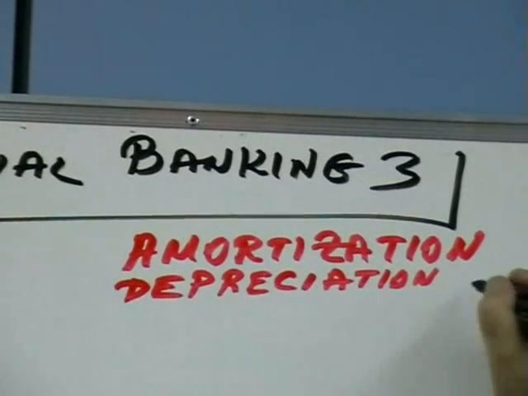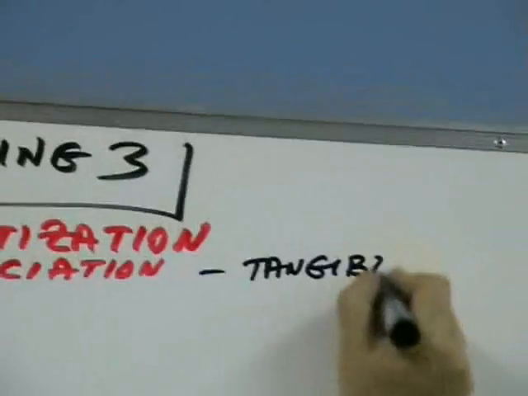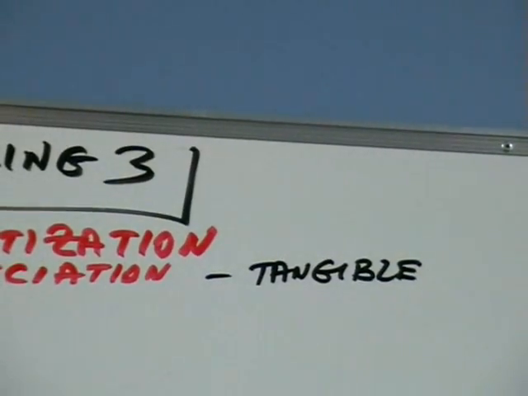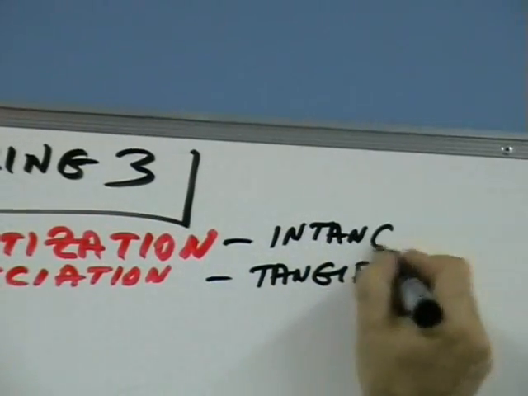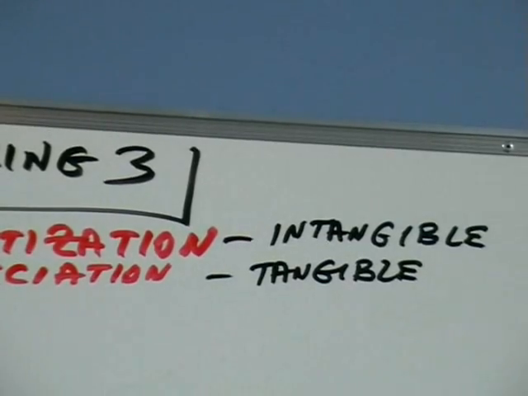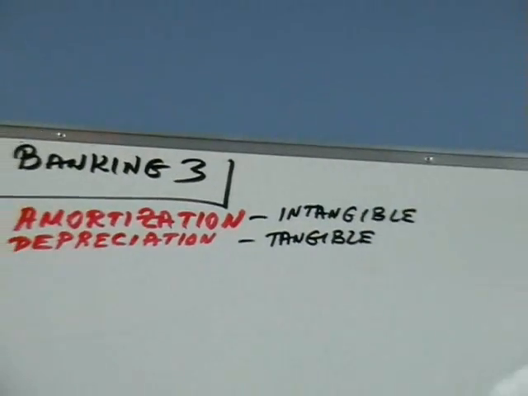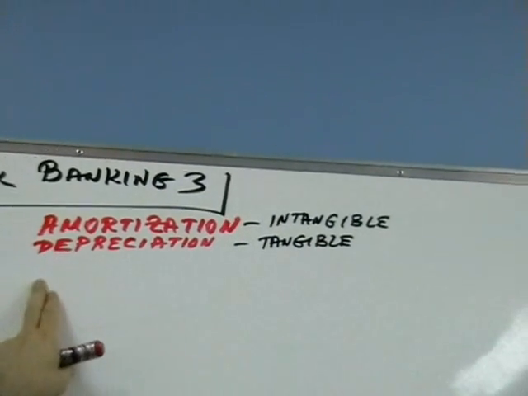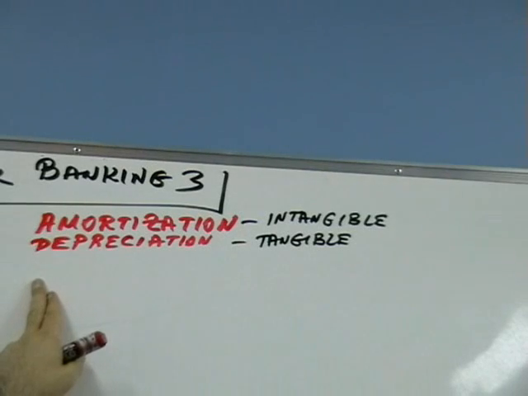Depreciation is applied to tangible assets or real assets, and amortization applies to intangibles, and both refer either to the economic value of an asset, or in accounting they will refer to the book value of an asset.